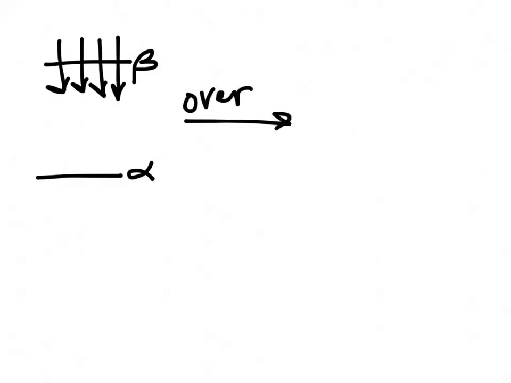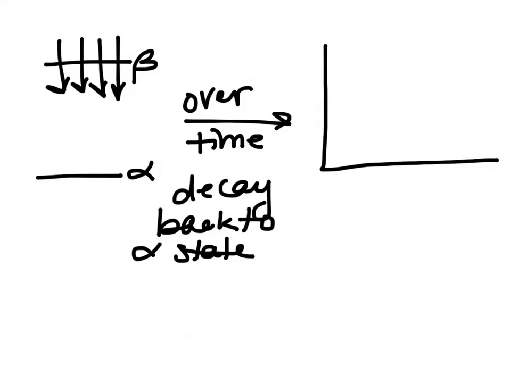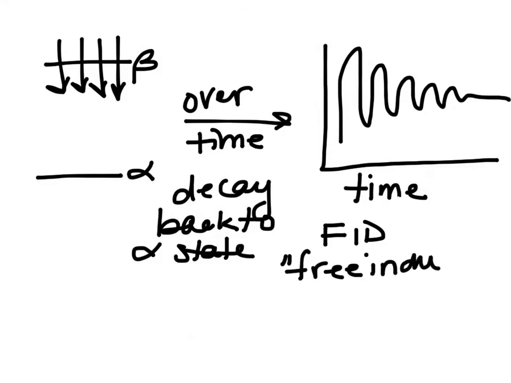Now, here's your betas. Over time, you'll have decay back to the alpha state because it's lower in energy. And if you were to graph this, it would look something like this. This is called the FID, or the free induction decay.